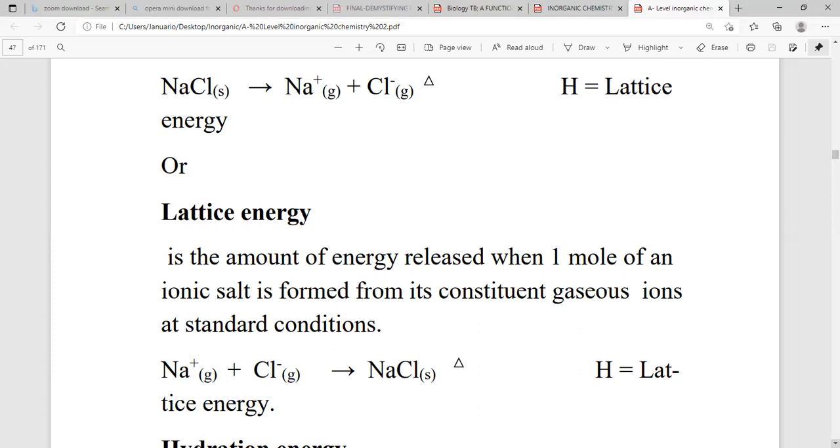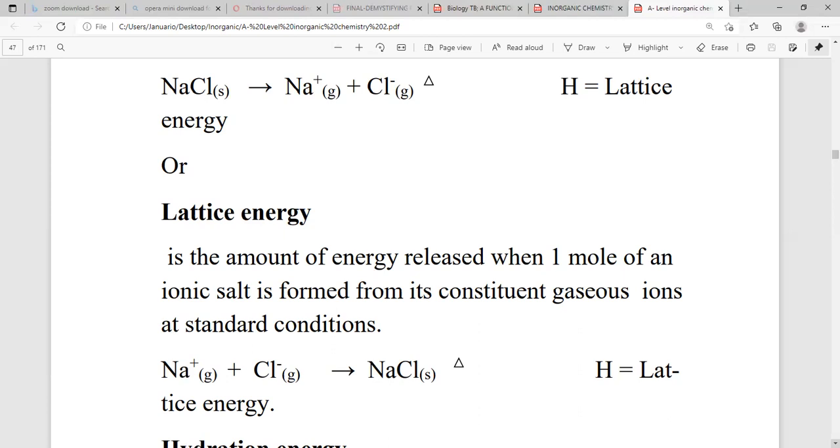Now, we have a difference. The one side is the amount of energy needed to break down 1 mole of an ionic salt into its constituent gaseous ions. That is a purely endothermic reaction.